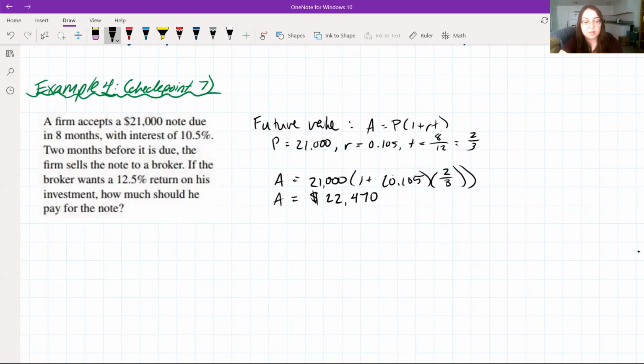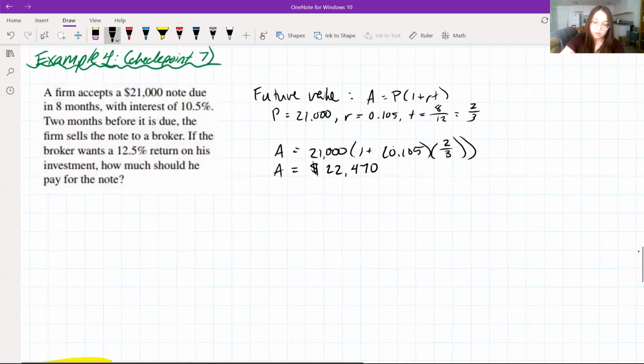So we know that this investment at the end of 8 months is going to be worth $22,470. But we're saying that 2 months before it's due, the firm is going to sell the note to a broker, and the broker wants a 12.5% return on the investment. So we're thinking about how much should he pay for the note.